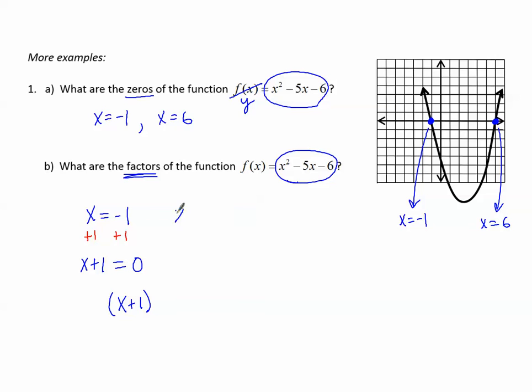Similarly, x equals 6, the other 0, I need to make the 6 into a 0, minus 6, and therefore x minus 6 equals 0, and the factor is x minus 6. And those are the factors of the function f of x equals x squared minus 5x minus 6. So looking at the graph or using the app will help us find factors, solutions, zeros, roots, x-intercepts.